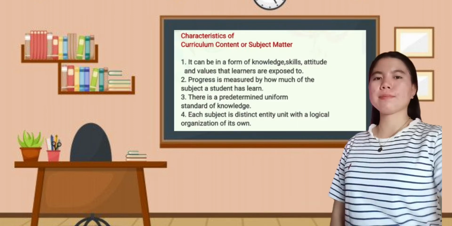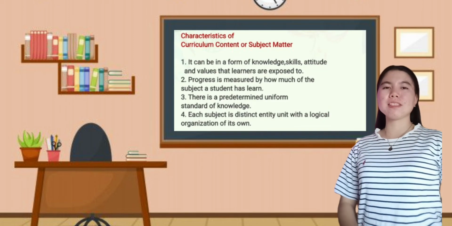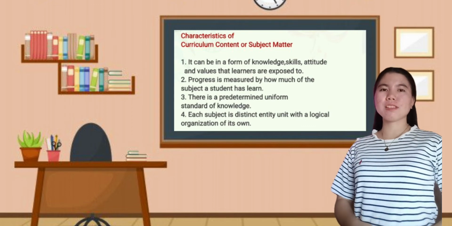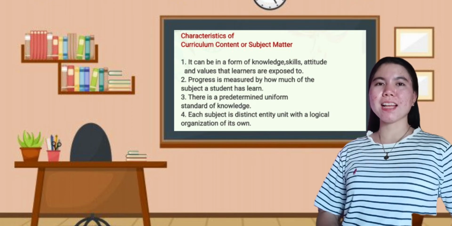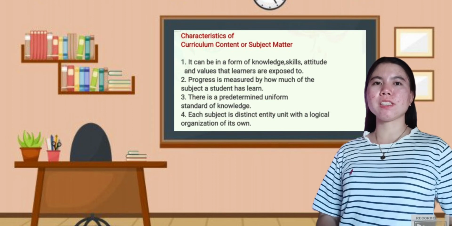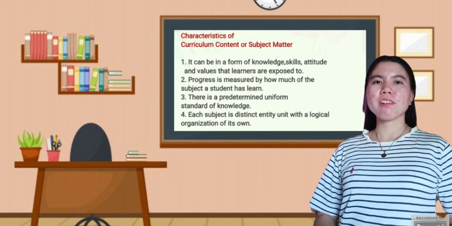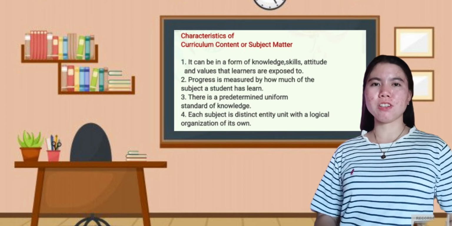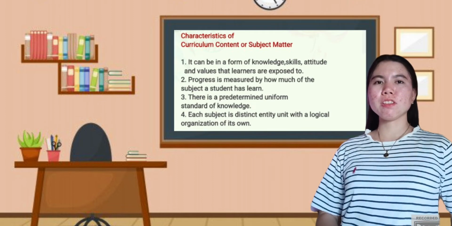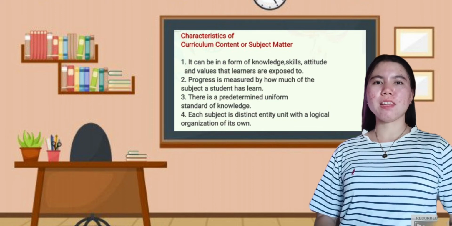Next to present is the group 2. This is the characteristics of curriculum content or subject matter. It can be a form of knowledge, skills, attitude, and values that learners are exposed to. Progress is measured by how much of the subject a student has learned. There is a predetermined uniform standard of knowledge.